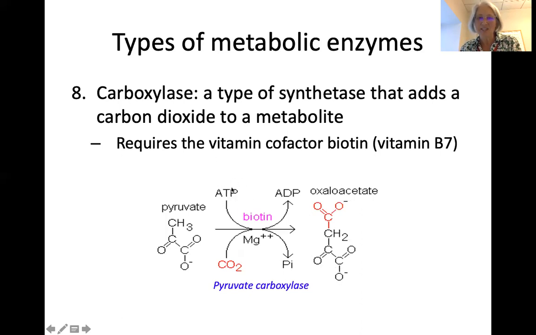It's a type of synthetase, and the enzyme, like all carboxylases, uses biotin. This is an important enzyme in gluconeogenesis. So the lactate coming into hepatocytes primarily is converted to pyruvate, then enters gluconeogenesis through pyruvate carboxylase to make oxaloacetate, which then can be converted into glucose.